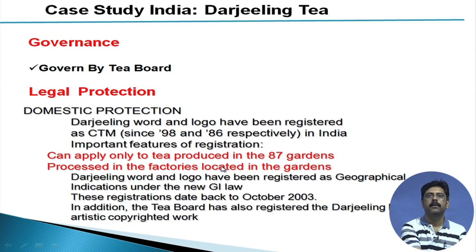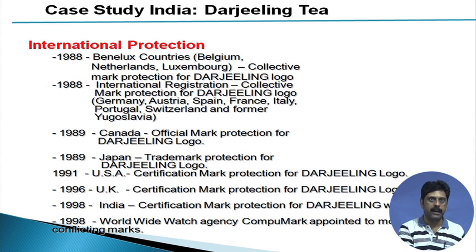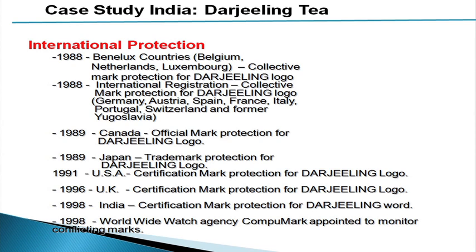So, how they register in different countries: they are not relying only on geographical indication, they go for community trademark registration, and they go for certification mark registrations, and they have extended their right in different jurisdictions, with international protection, not only restricted to national jurisdictions. So, they try to put up a global right to access the global market, and it may now be considered a global brand also.